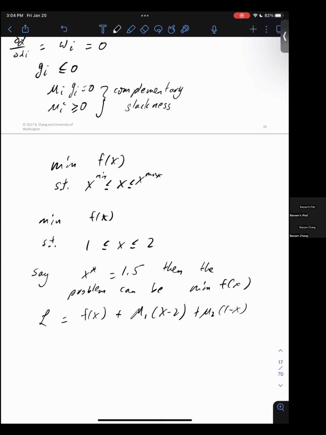But in this type of solution, it doesn't matter whether I have this upper bound or lower bound; it doesn't impact the solution. Then what must the values of mu 1 and mu 2 be? They must both be 0. So mu 1 equals mu 2 equals 0 because the constraints are not binding.